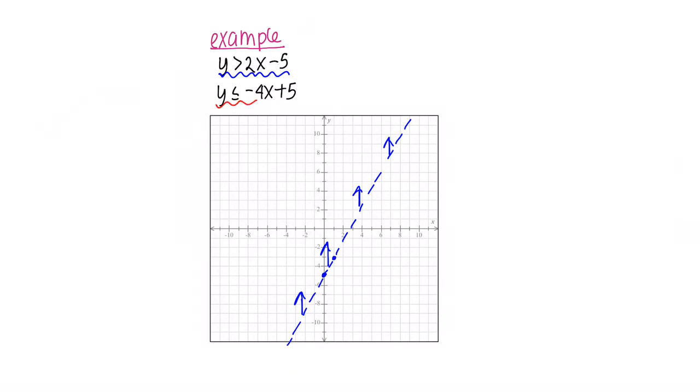Then I'm going for my second guy, -4x plus 5. So going to the y-axis and plotting my y-intercept. The slope is -4, so that's down 4, right 1. There's an underline, so this will be a solid line. And it says less than, so we are shading below.